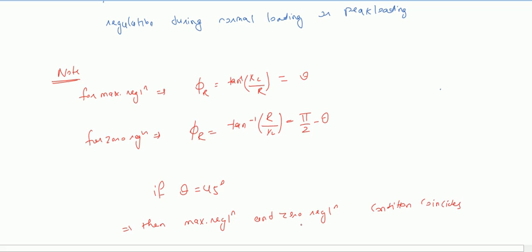That is, the regulation can be lower than that, but it will not be higher even if you change the power factor. Because zero regulation can only come on leading loads. So both conditions of maximum regulation and zero regulation coincide at theta equals 45 degrees, right?